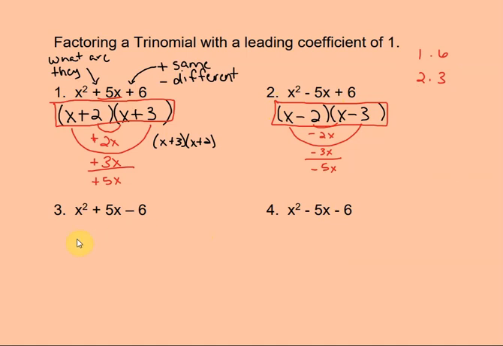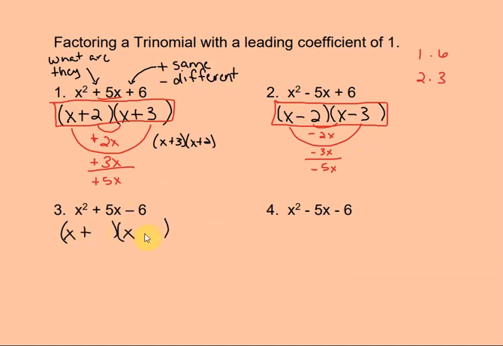Okay, let's look at the next example. Again, we have the same numbers, but our signs are a little different. So if I do my 2 sets of parentheses, in the first 2 spots, I'm going to have x and x. Now when I look at my second sign, the negative tells me that my signs are going to be different.